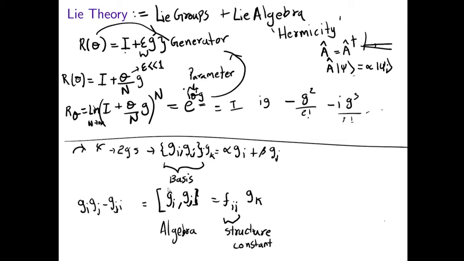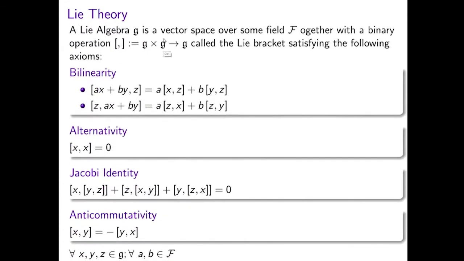Usually you define a Lie algebra, axiomatically speaking, as a vector space over some field with this operation, and this operation is nothing but the commutator for us, because we are always talking about matrices. We call this the Lie bracket, but it's essentially just the commutator, and it follows these rules.